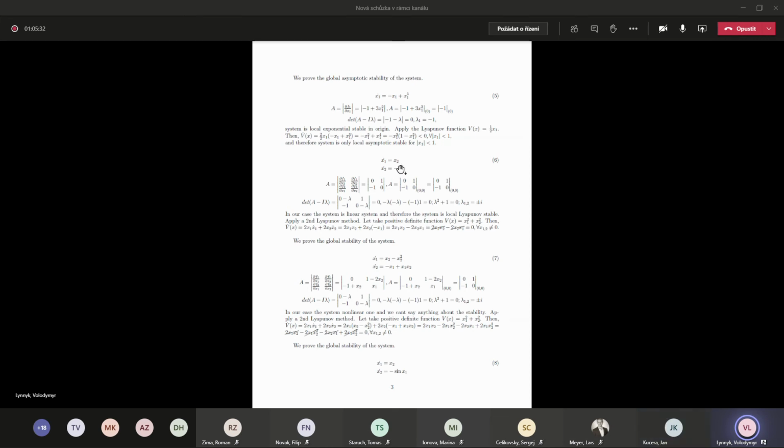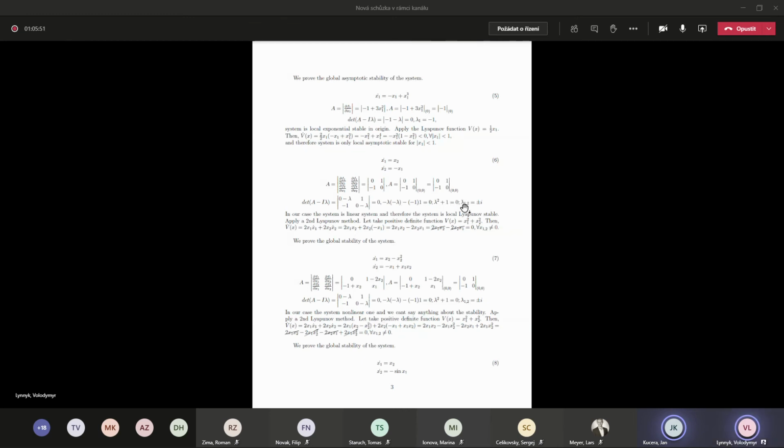So it's around some operating point. Yes, the point 0, 0, the position heading downwards. Okay. Thanks.